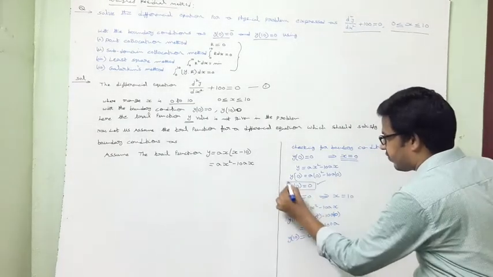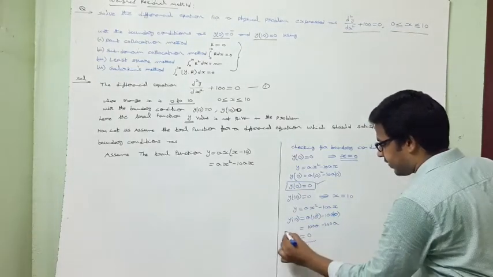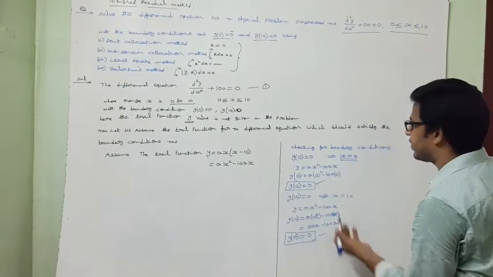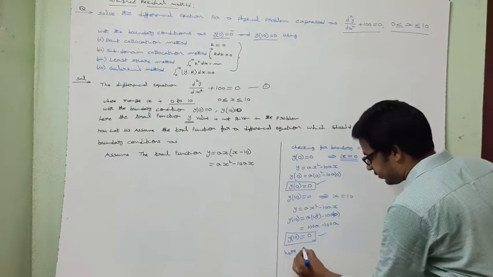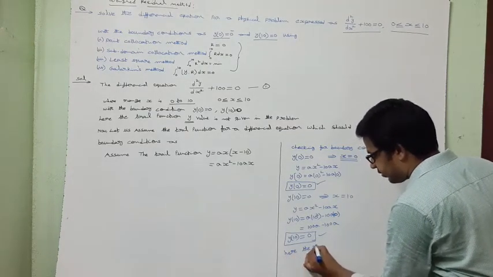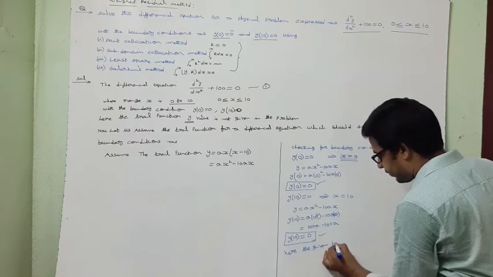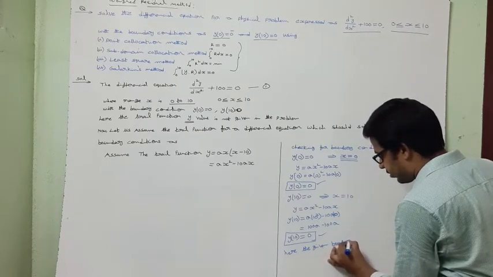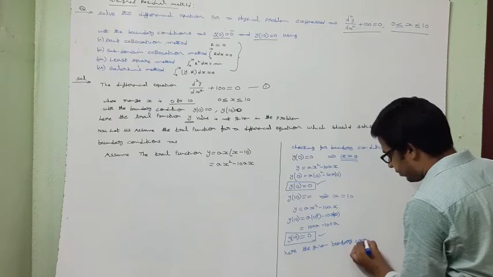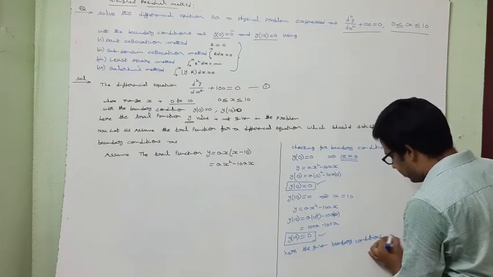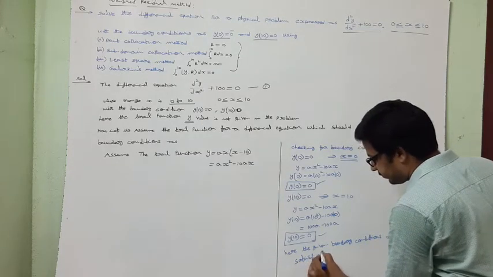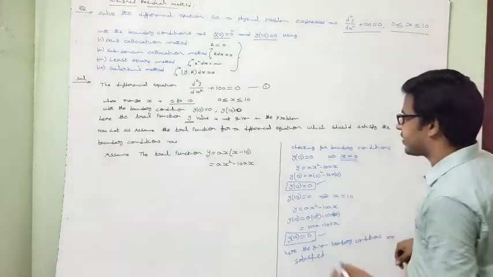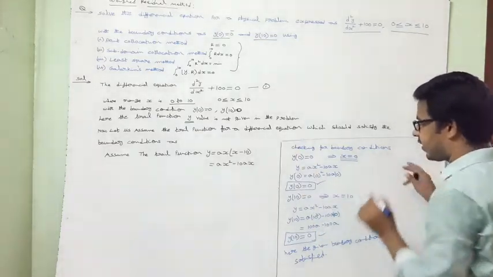So y of 0 equal to 0 and y of 10 equal to 0. Here the given boundary conditions are satisfied. This is the rough one.